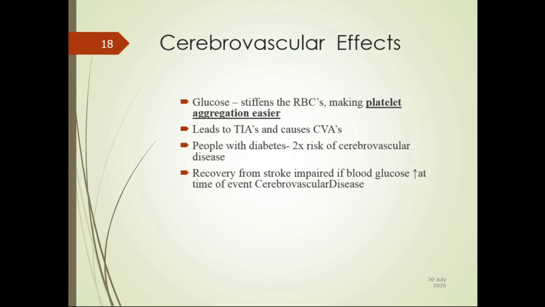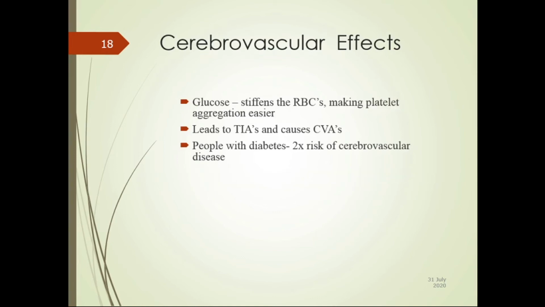These patients must be told in no uncertain terms that their diabetic control, their sugar control, should be at the minimum if they have to delay or even get out of those complications. So now let us go to the second of the macrovascular complications of diabetes, and that is cerebrovascular effects.